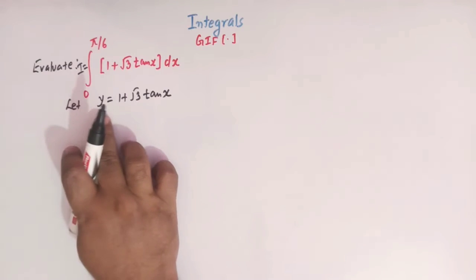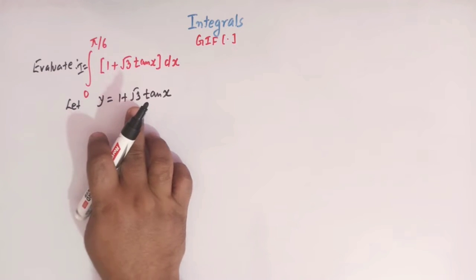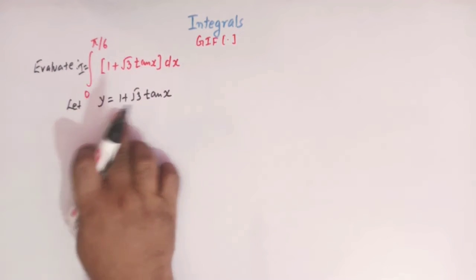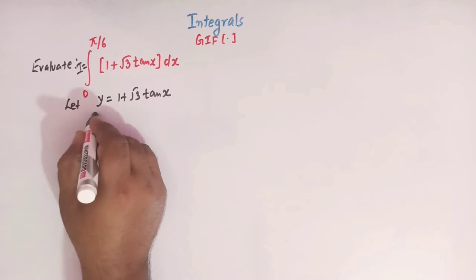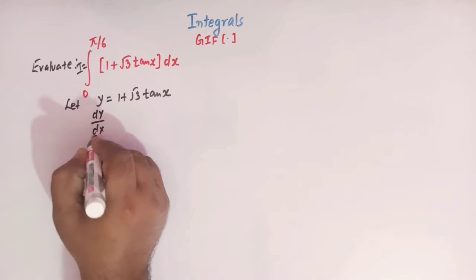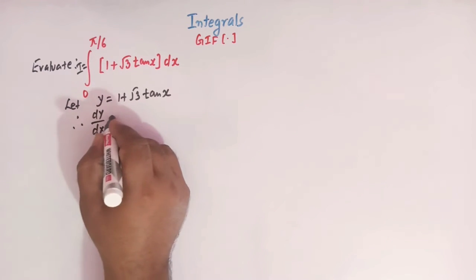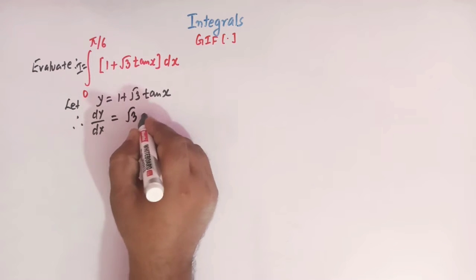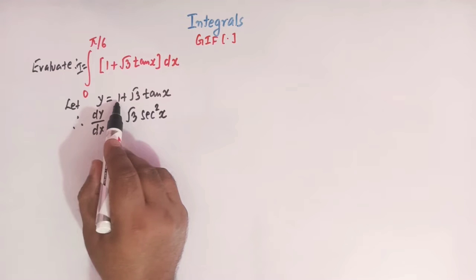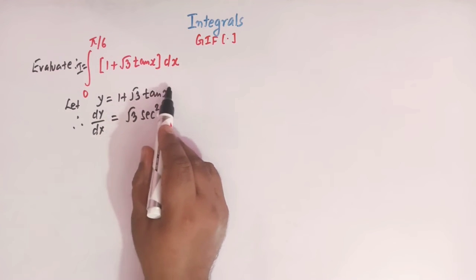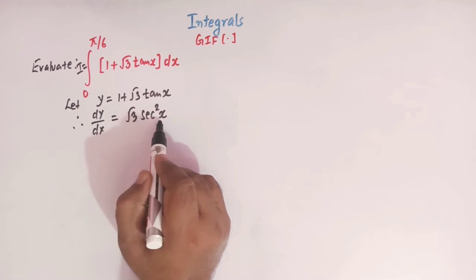Now we have y is equal to 1 plus square root of 3 tan x, and let us differentiate both sides with respect to x. So we have dy over dx is equal to square root of 3 secant square x, since the derivative of 1 is 0 and the derivative of tan x is secant square x.